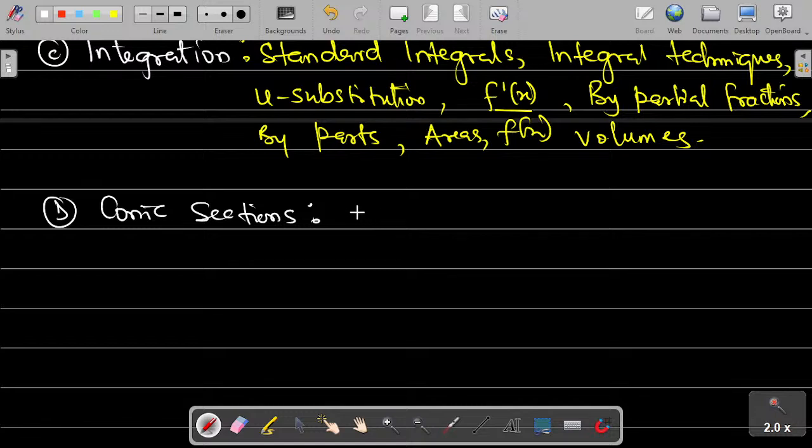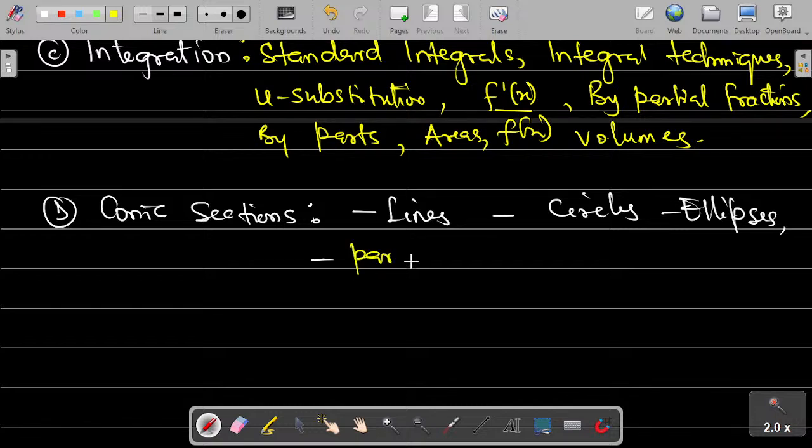It's going to include equations of straight lines, equations of circles, equations of ellipses, equations of parabolas, equations of hyperbolas. These are the basic conic sections that we are going to be considering, about 4 of them, including straight lines that we'll consider in this course.